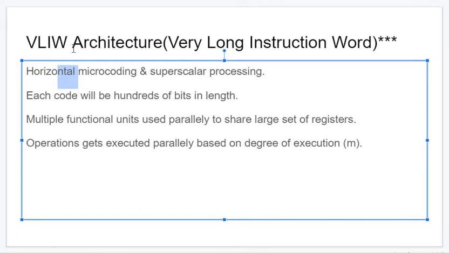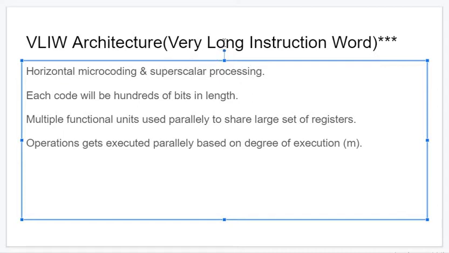I mean the order I am placing for the same brand of phone is not getting affected by the other person's request. That is called horizontal microcoding. The extended version of this is today's data mining, data warehousing and all. Old days it was horizontal microcoding, now it has a different name. Here you can see the definition of horizontal microcoding.